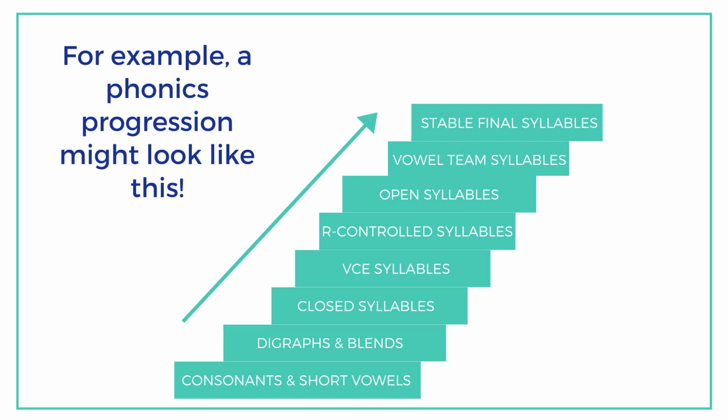Now, for example, you could take a phonics progression and start from the very beginning, starting with things like consonants and short vowels, and working all the way up through stable final syllables, making sure that you have a stair-step progression that's hitting each of these concepts that students need to know explicitly.